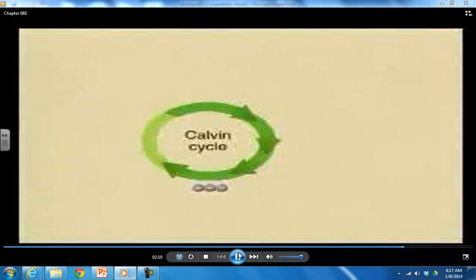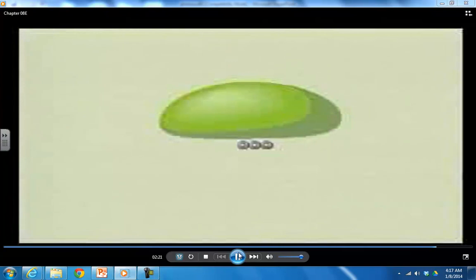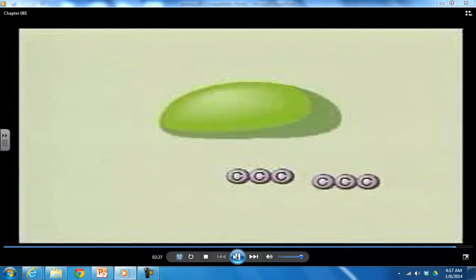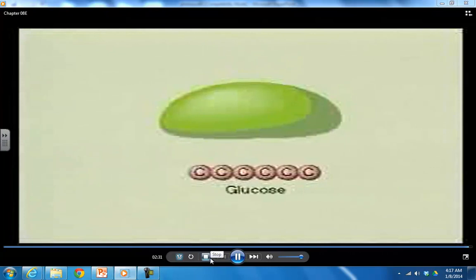A PGAL molecule leaves the cycle, and the 5-carbon starting material is regenerated. The PGAL that left the Calvin cycle moves out of the chloroplast and into the plant cell's cytoplasm. Once in the cytoplasm, the PGAL can be combined with another PGAL into a 6-carbon glucose molecule or other sugar.